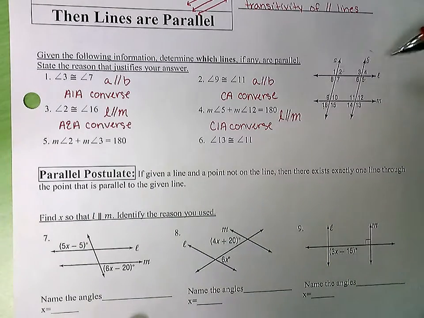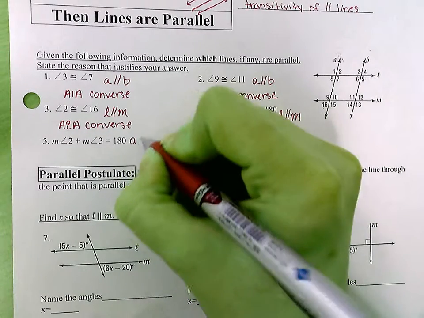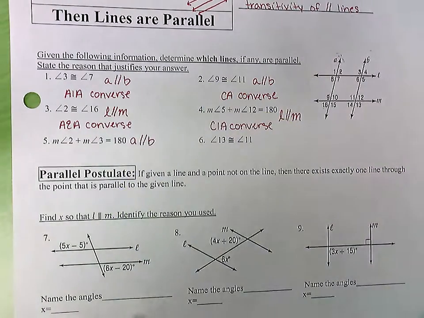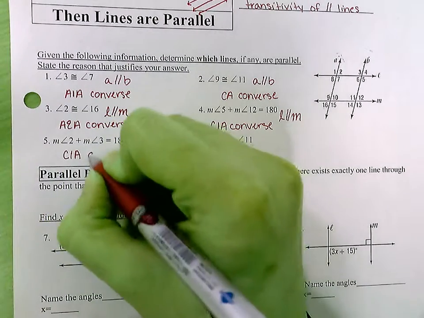Number 5, we have angle 2 and angle 3 added to be 180. That means A and B are your parallel lines by the consecutive interior angle converse.